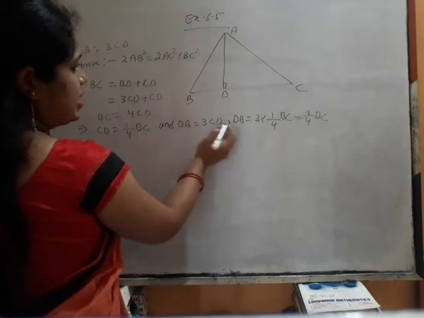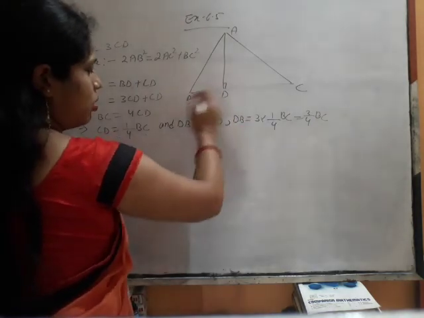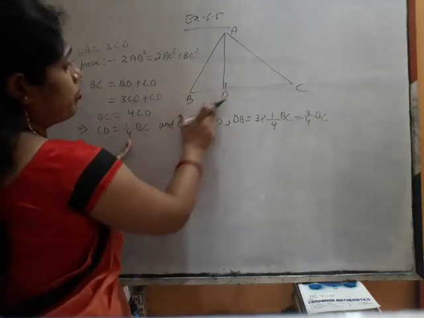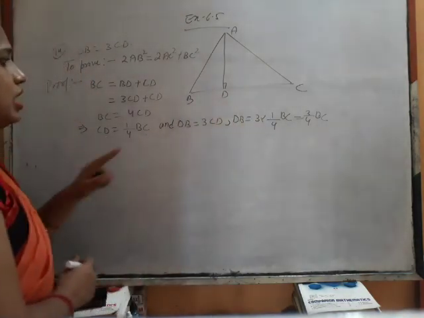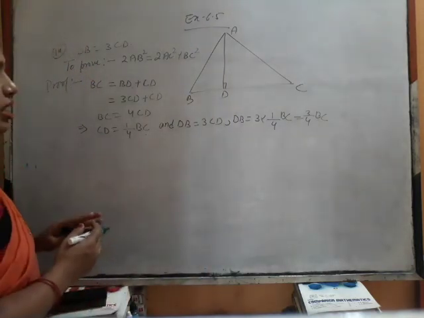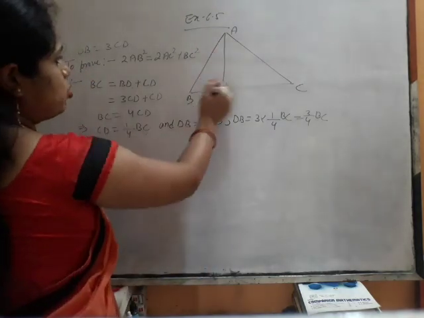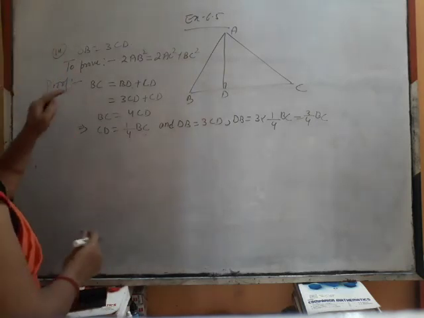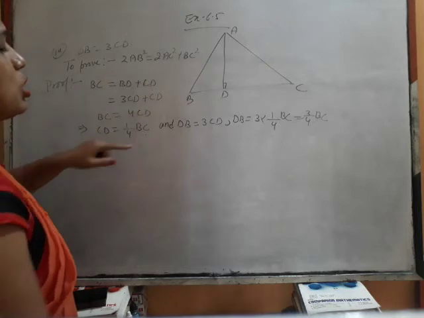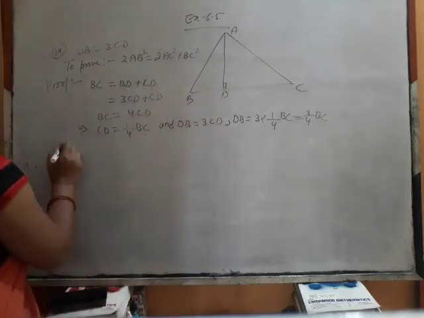So this BD is 3/4 of whole BC, and this CD is 1/4 of BC. So we have got it. Now we have to consider these two triangles. Since we need 2AB square on the left hand side, let us start with this triangle.